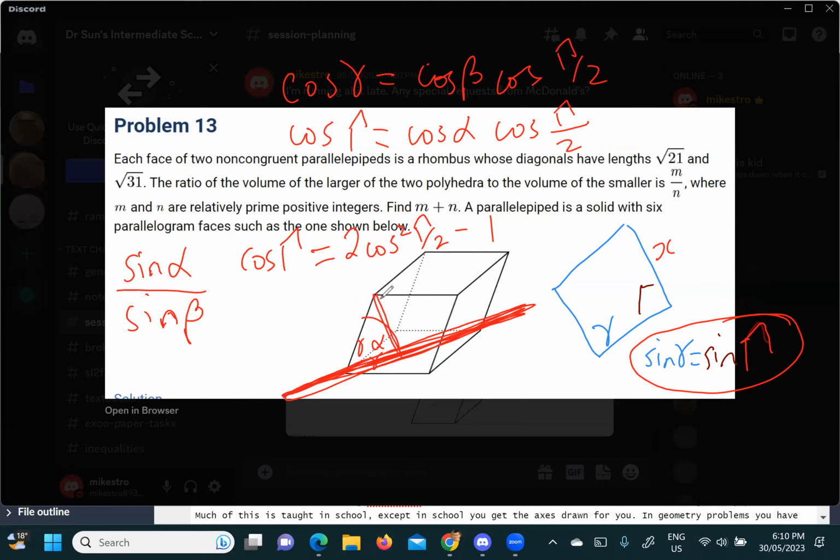If it makes an angle of beta, it'll be x sine beta. So the ratio of the heights is just sine alpha on sine beta.